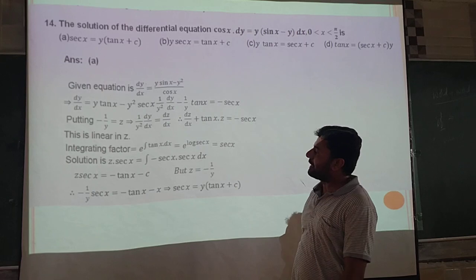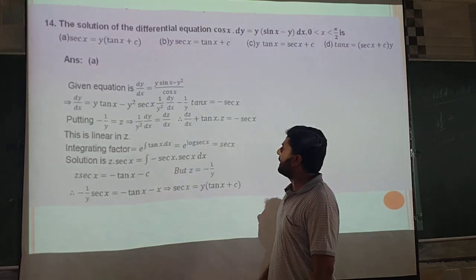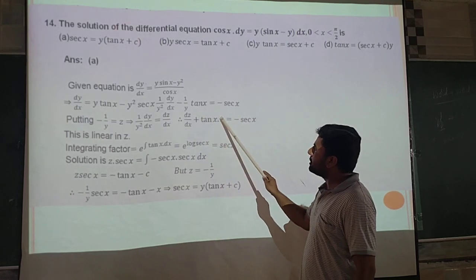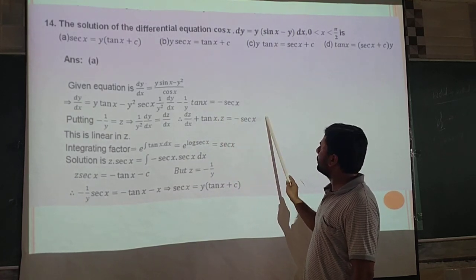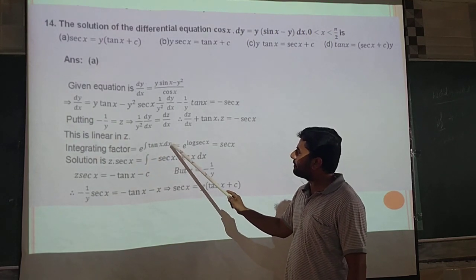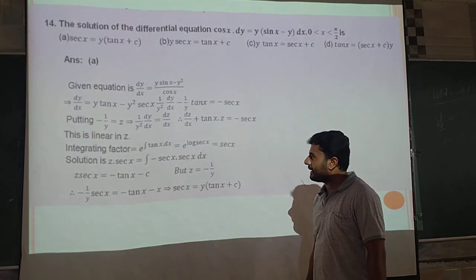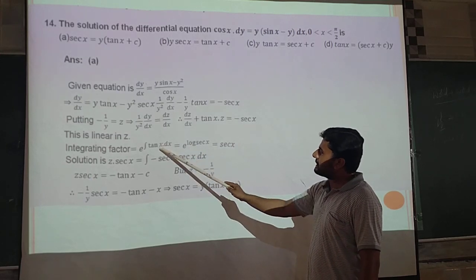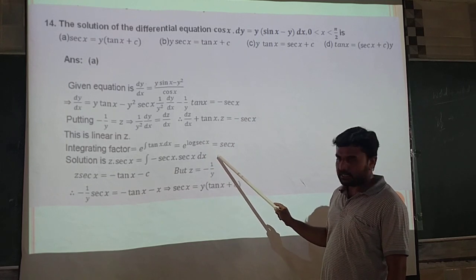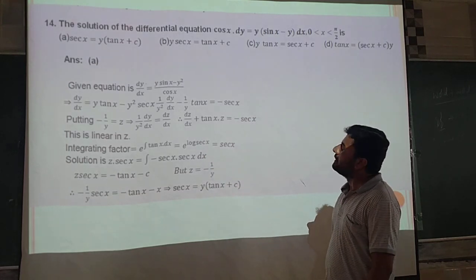This is linear in z, dz by dx plus p into z is equal to q, where p is tan x. Then the integrating factor is e to the power of integrate tan x with respect to x. You know that integrate tan x is log of secant x, and e power log of f of x is equal to f of x, that is secant x.